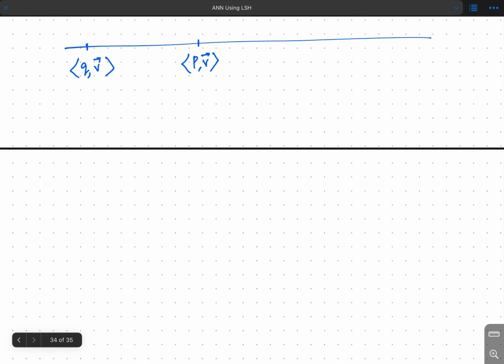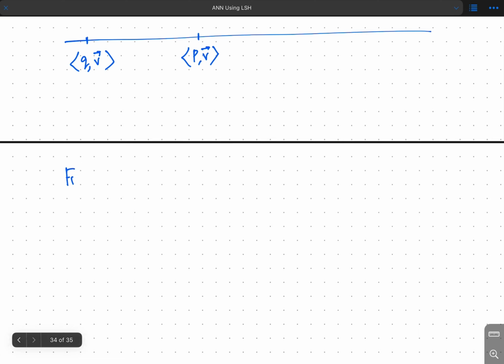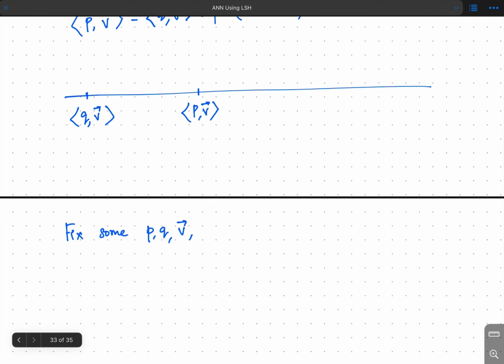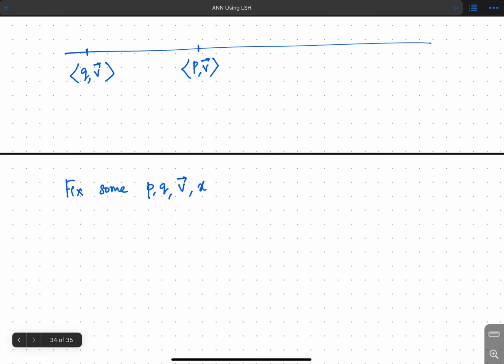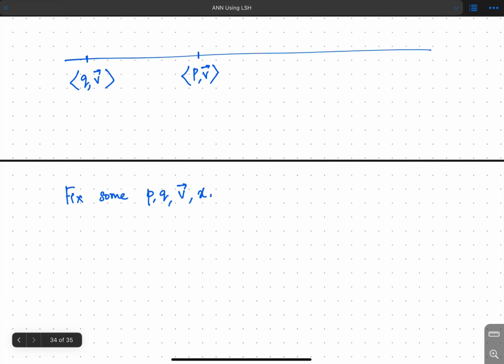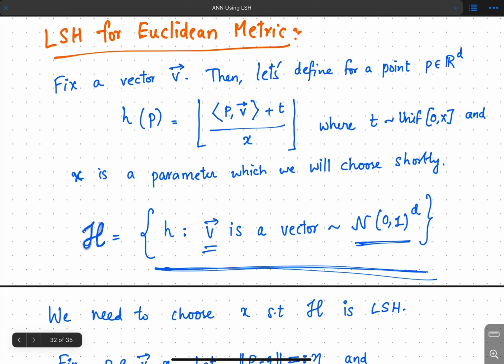Now fix some p, some q, some v bar, and also the parameter x. Note that in this hash function there are two things that are chosen randomly.